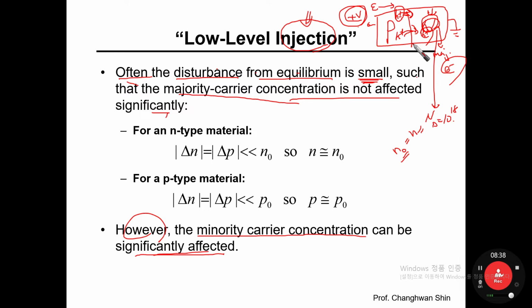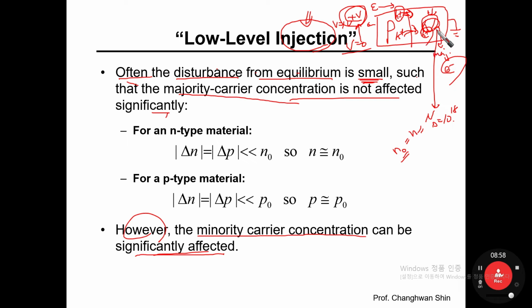So previously, the Pn junction diode is at thermal equilibrium. In other words, no voltage. But once a non-zero voltage, say 1 volt, has been applied across this Pn junction diode, then this Pn junction diode is not at thermal equilibrium.